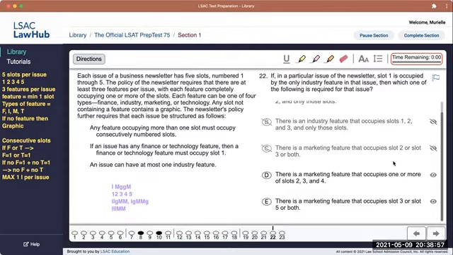But no matter what we do, we can't use up slots 2, 3, and 4 for something other than a marketing feature and still get 2 marketing features and the industry feature into this issue. So D would be the correct answer. E isn't correct because we could have a marketing feature in slot 2 and a marketing feature in slot 4 and have graphics in 3 and 5. And we could get away with that. So D is the correct answer.